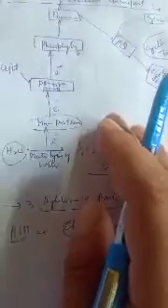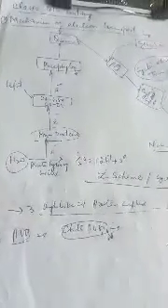It is essential because until this hole is filled, the pigment system second, that is P680 molecule, will not absorb further energy, and thus the photochemical reaction will stop.